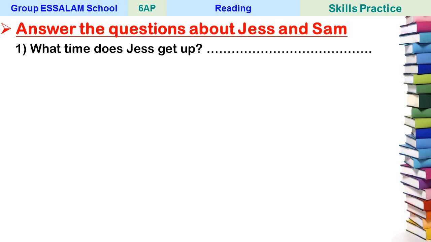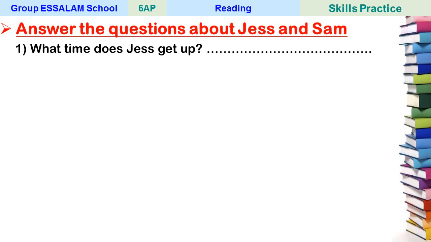Please, my lovely students, don't forget the third person singular, he, she. You have to add s to the verb, and sometimes you have to add es to the verb, and sometimes you have to add ies to the verb, okay? So, what time does Jess get up?